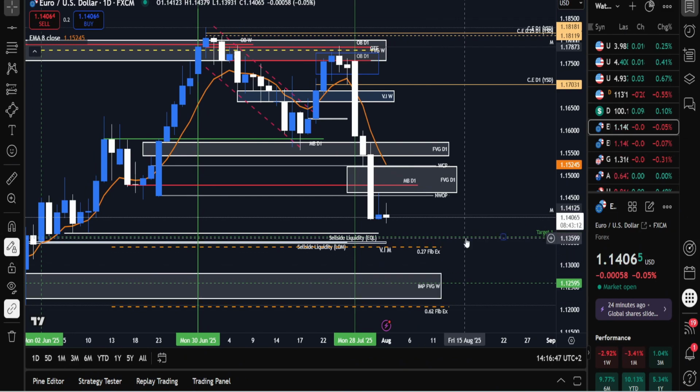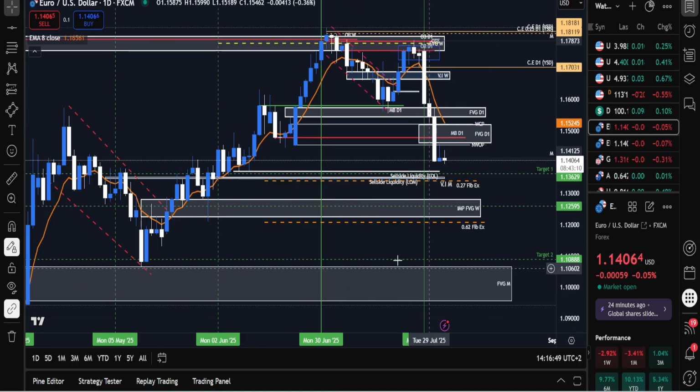But this again is our targets there and targets there, and also a longer term objective is the May low. You can see here funds are trapped long, trading this bullish flag. That's our draw of liquidity right here, the sell side liquidity, and we have our monthly fair value gap, right?